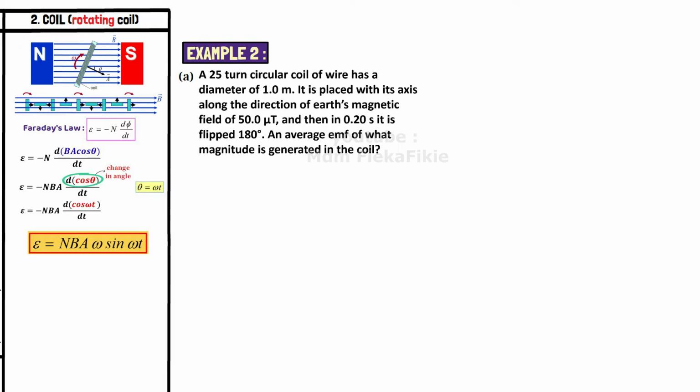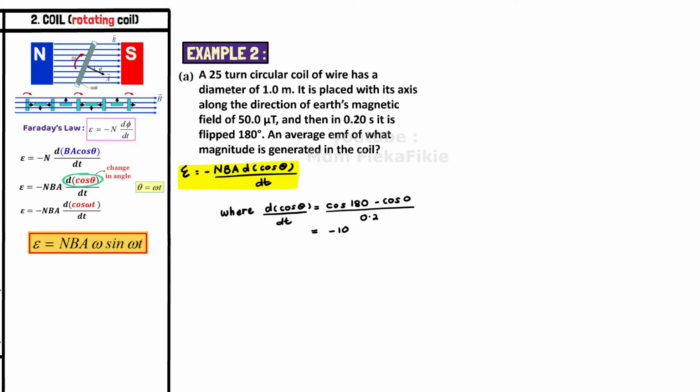Okay, so macam biasa kita guna balik formula tadi, kita ada NBA d cos theta over dt, dan disebabkan kita ada nilai angle, okay, initial angle is equal to 0 and the final angle after the coil flip 180 degree, so kita gantikanlah cos theta final minus cos theta initial, so theta final should be 180 degree, theta initial is equal to 0.